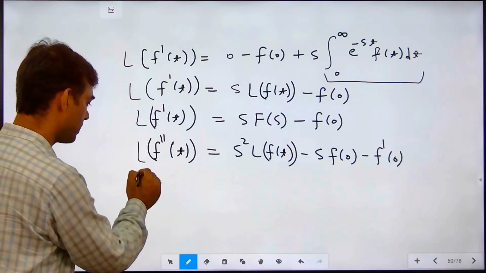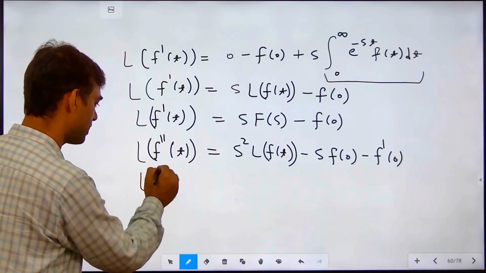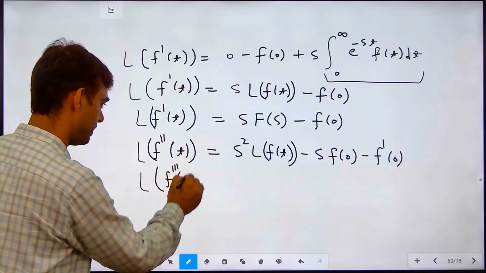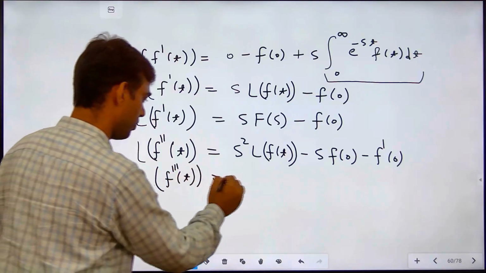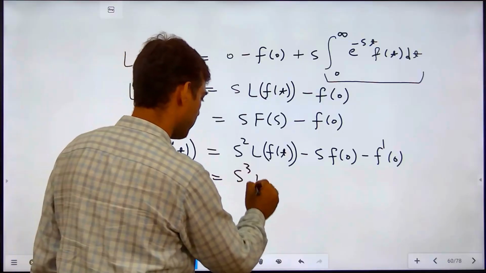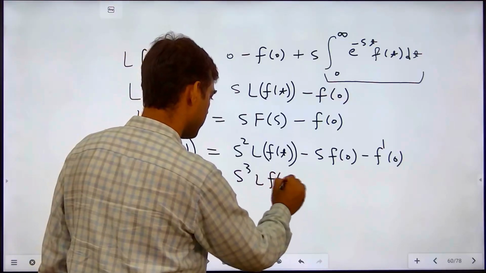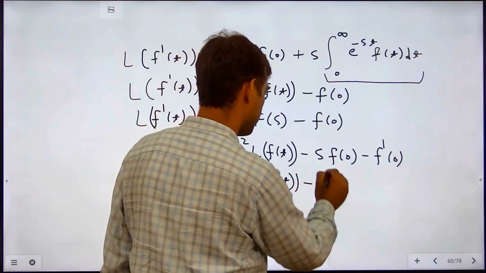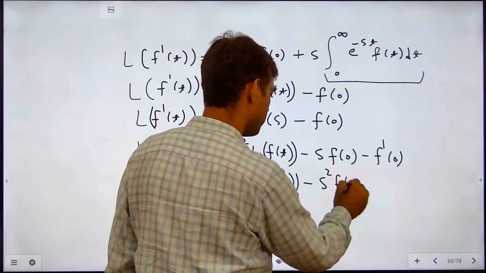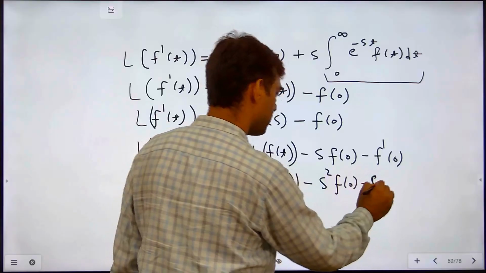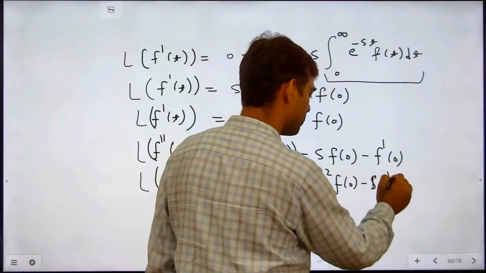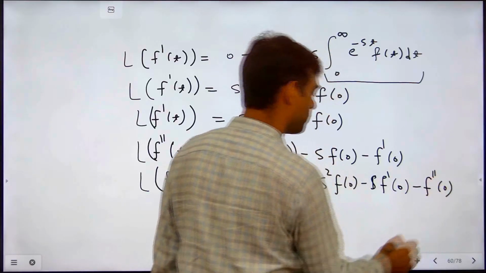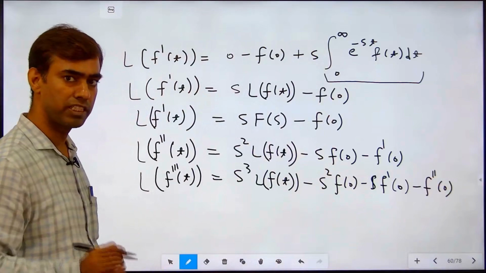Similarly, for the third order derivative, the Laplace transform of f'''(t) equals s cubed times the Laplace transform of f(t) minus s squared f(0) minus s f'(0) minus f''(0). This is the Laplace transform of the third order derivative of f(t).